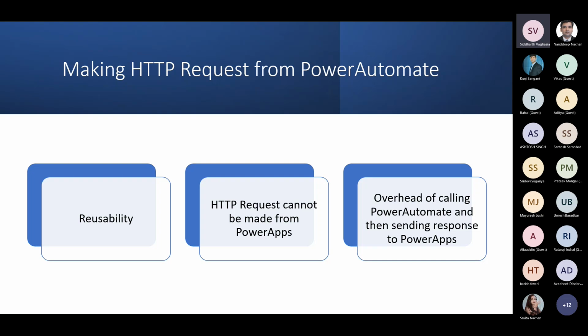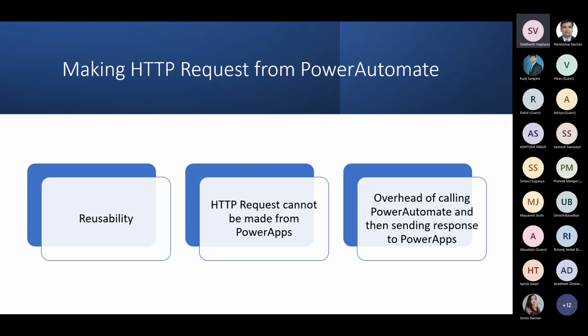But if you are making an HTTP request from Power Automate, there is no reusability. It means that for every specific use case or Power App which you build, we would have to repeat it in Power Automate. And the other thing is that an HTTP request cannot be made from Power Apps. There is no method or technique available to make an HTTP request directly from Power Apps.